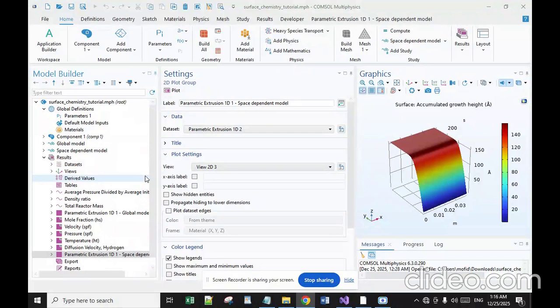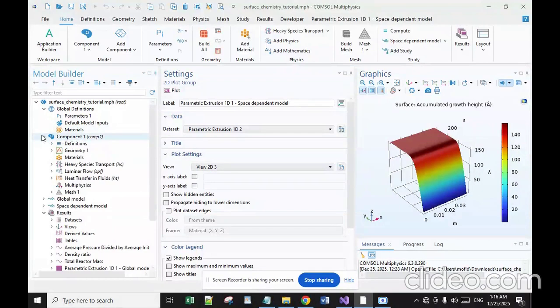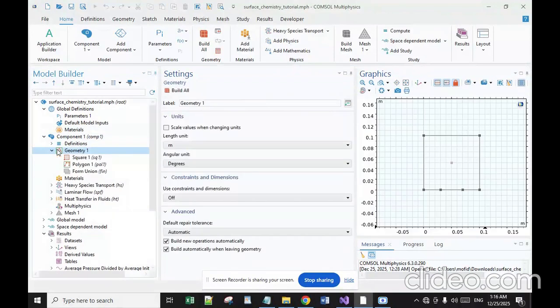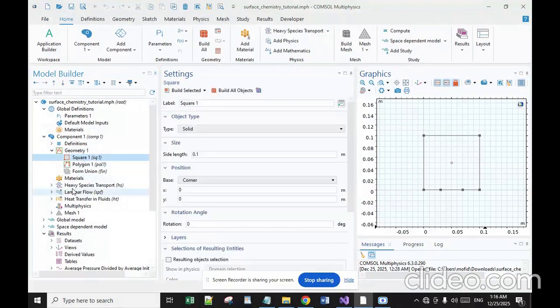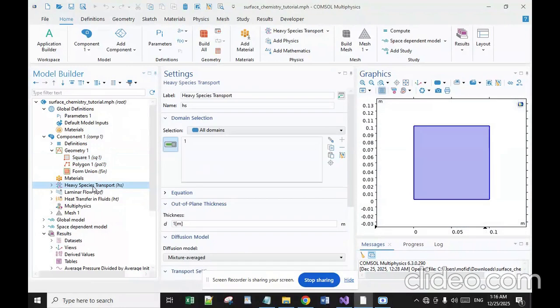And here we have a component with a specific geometry as a surface. There is a two-dimensional square, and we have used three different physics modules, as heavy species transport.